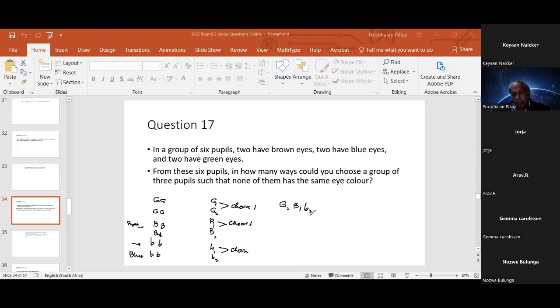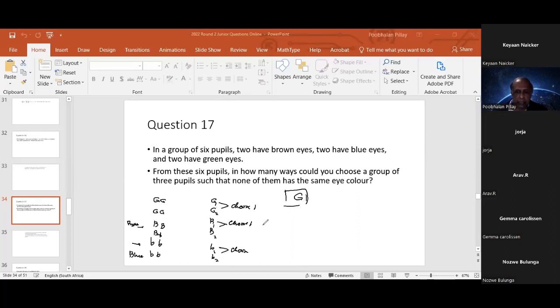So how many ways can you do this? You have to look at all possibilities like this. Well, maybe we can do it systematically so that we can count everything. So let me insist that G1 is chosen. Right.